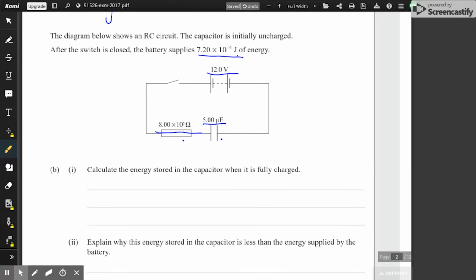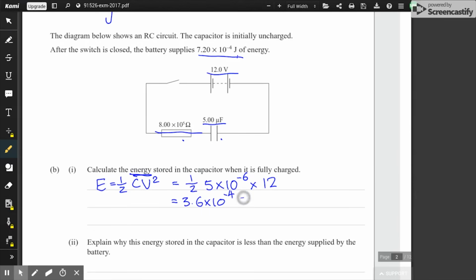So that's the energy that the battery supplies overall, and we now want to find only the energy stored in the capacitor. To do this, we have an equation for energy given on our formula sheet, which is half CV squared. And since we know both, we can just plug in our numbers, which gives me 3.6 times 10 to the minus 4 joules.